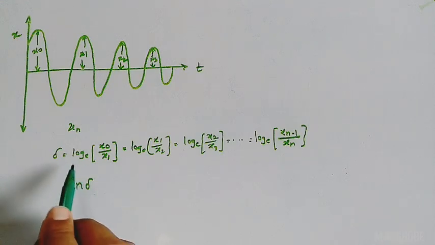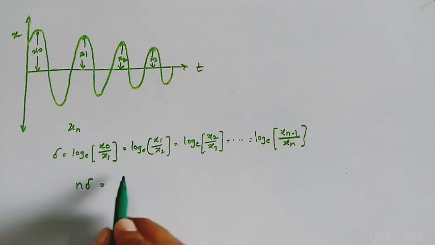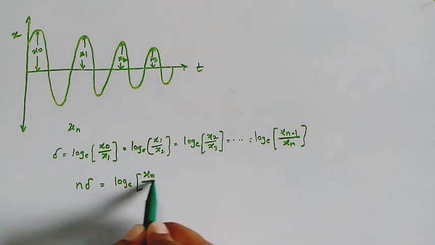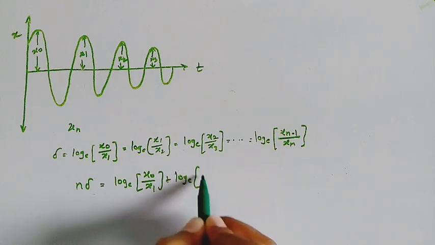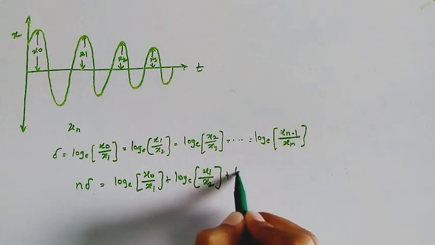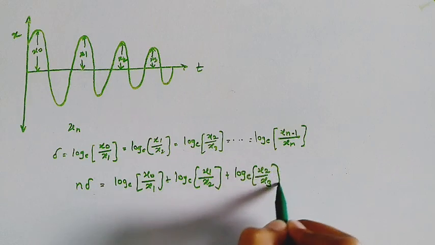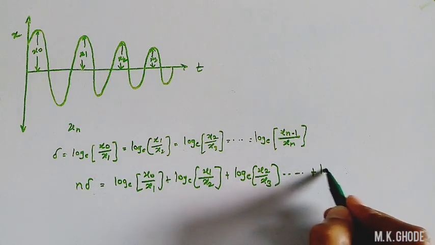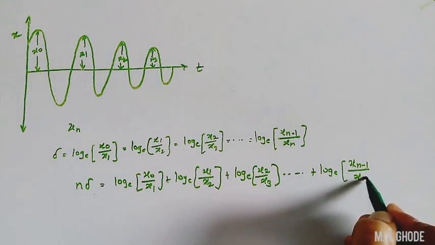That n into delta will be log to the base e of x0 upon x1 plus log to the base e of x1 upon x2 plus log to the base e of x2 upon x3 and so on. At the end you will get log to the base e of xn minus 1 upon xn.